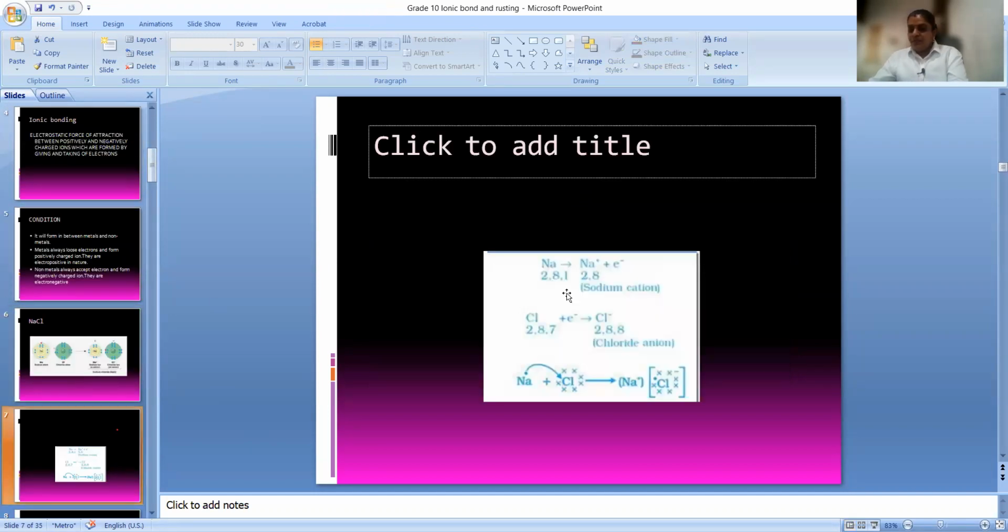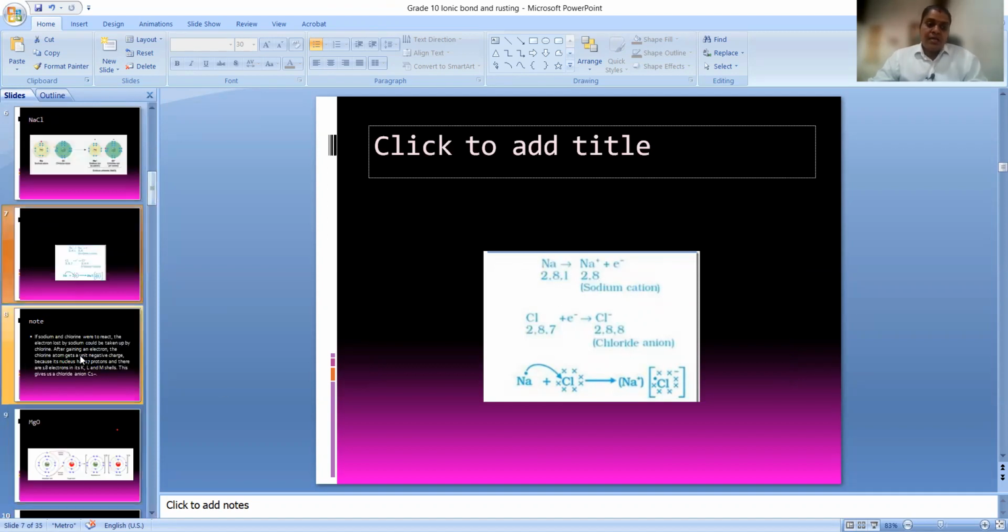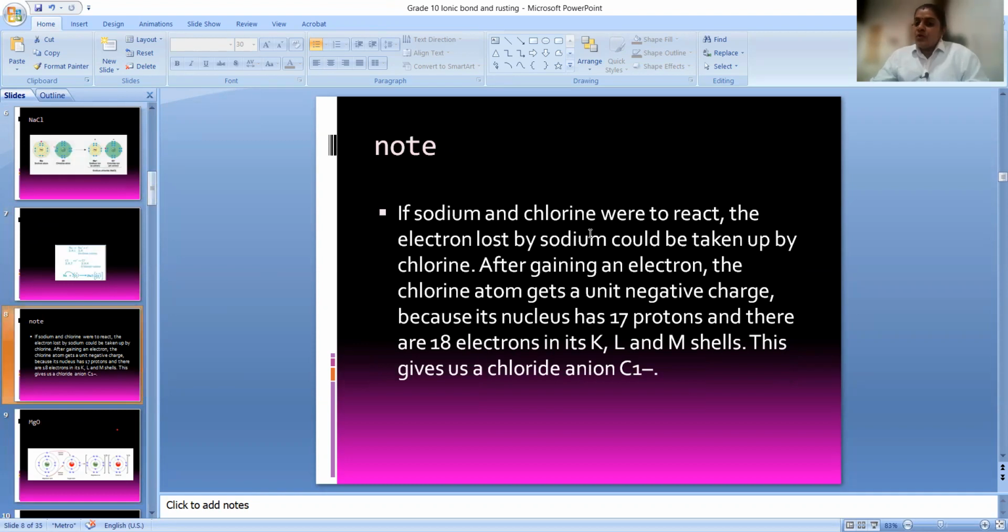This again is explaining about sodium. Sodium is leaving one electron, so it becomes Na plus, 2, 8. We discussed already, Cl is getting electron and it becomes Cl minus, and the configuration is 2, 8, 8. This is what this figure is explaining. Now, if sodium and chlorine were to react, the electron lost by sodium could be taken up by chlorine.